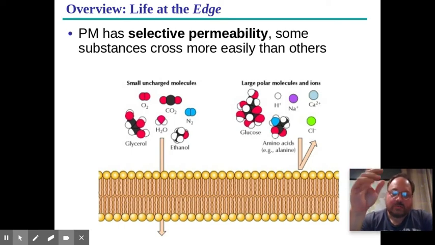So water doesn't just fit between the phospholipids easily on its own. But some molecules can pass through much more readily than others. Now, if it's large, charged, and polar, then it has trouble fitting through the membrane, and so it's going to need some help. And we'll talk about that help more later on.